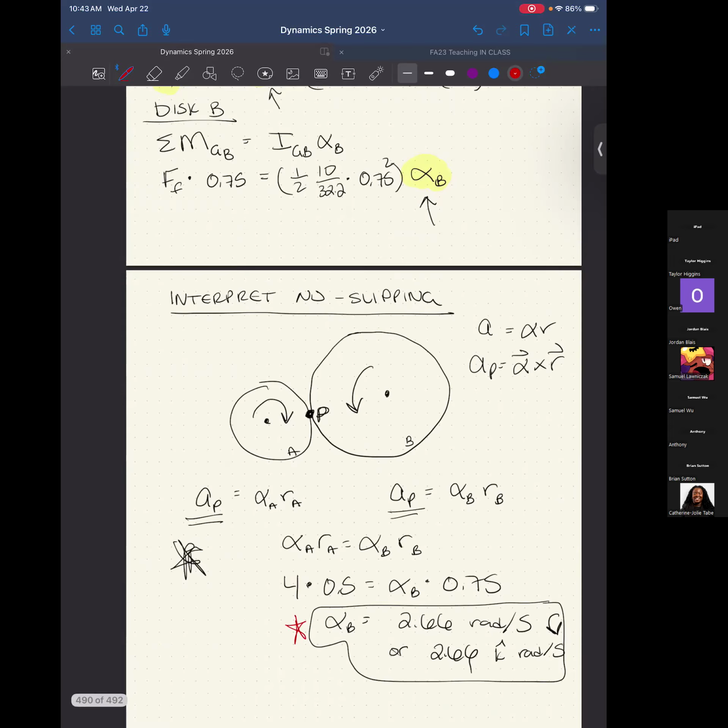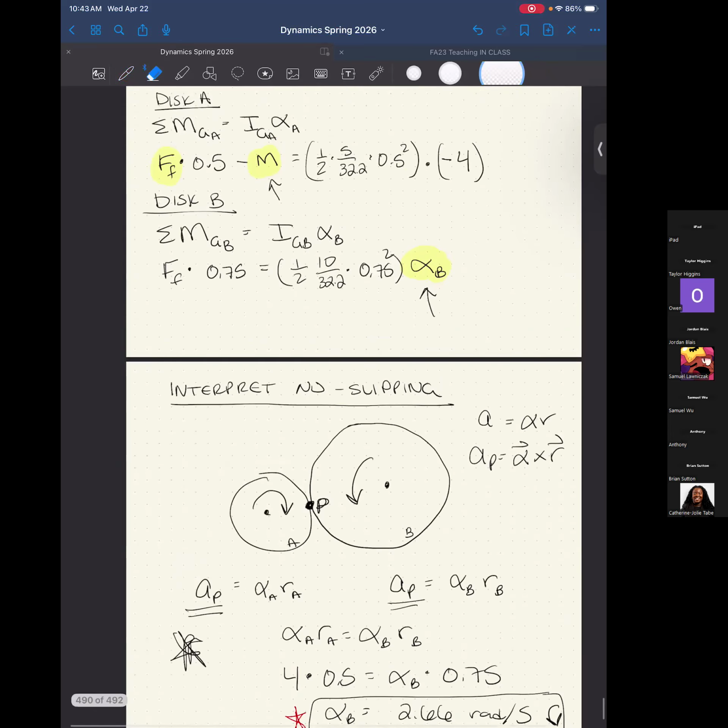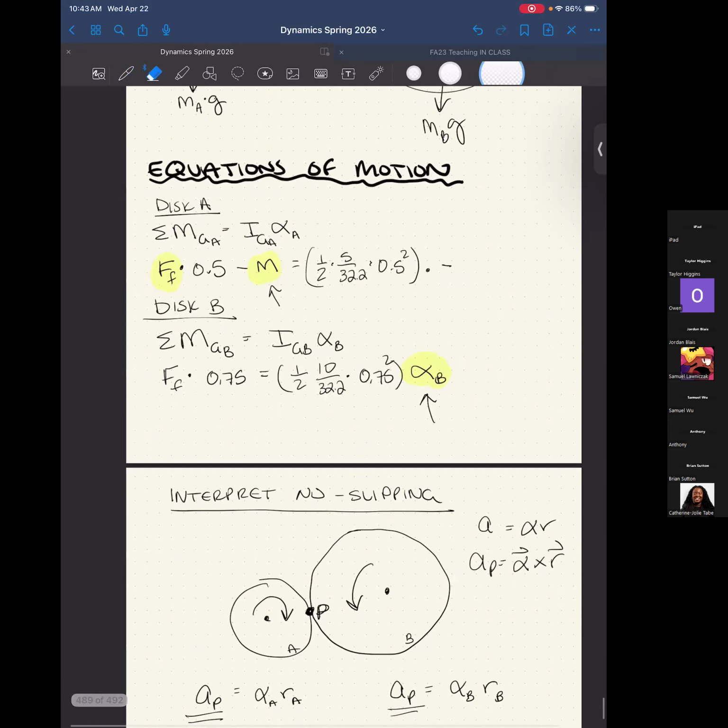Under the solution guide, you have a negative. The angular acceleration of A should be negative. How's that? You have that to be positive. Yeah, sorry. A is negative here. B should be positive here.